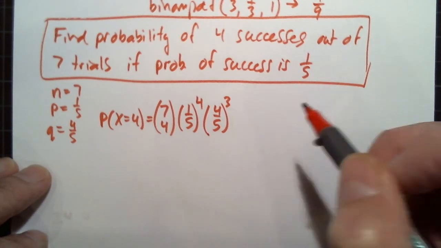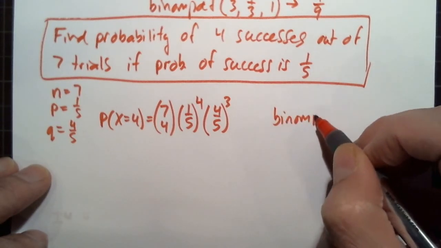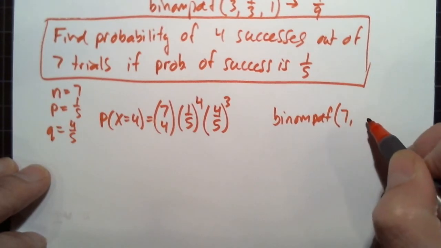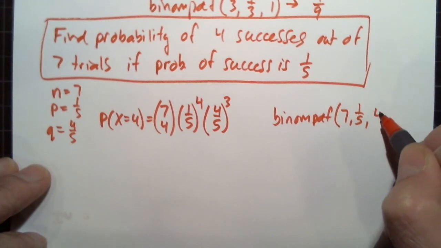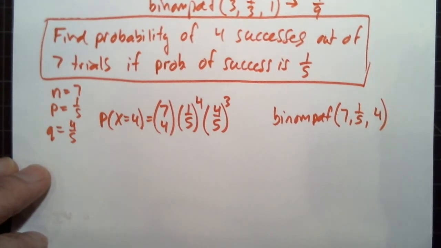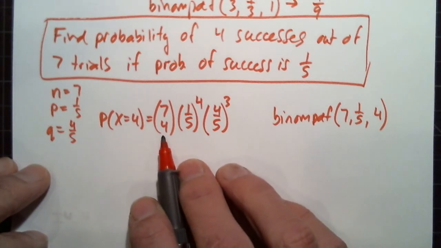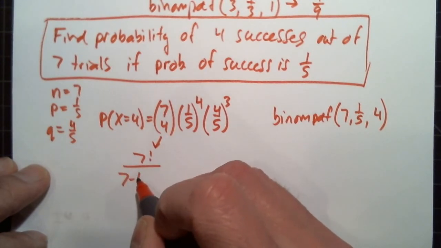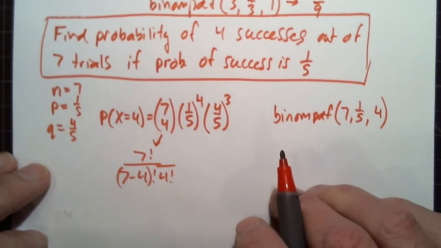And with a calculator, binomPDF, it'll be n, p, x. And just a reminder, this would be 7 factorial over 7 minus 4 factorial times 4 factorial.